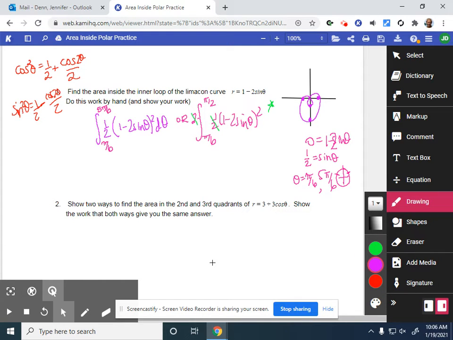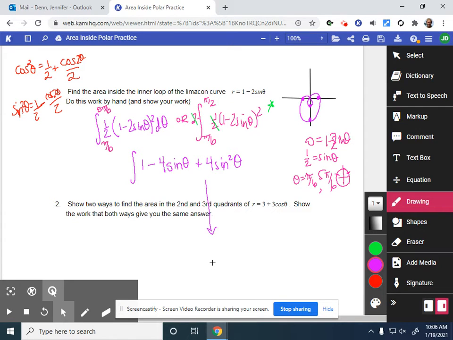So let's square. I'm going to have the integral of 1 minus 4 sine theta plus 4 sine squared theta, pi over 6 to pi over 2. I'm going to move my work down here for a second.